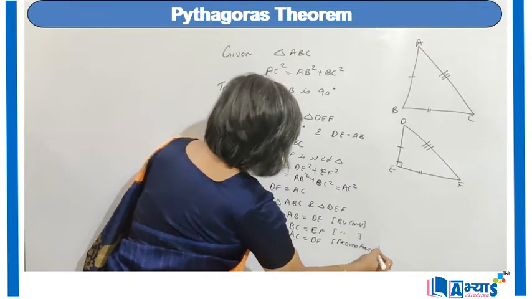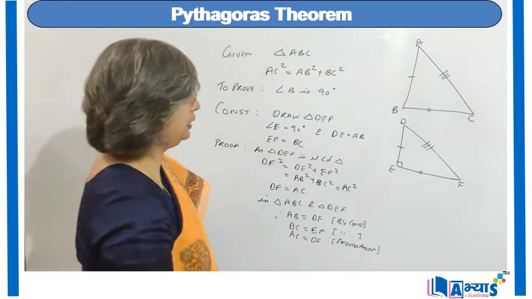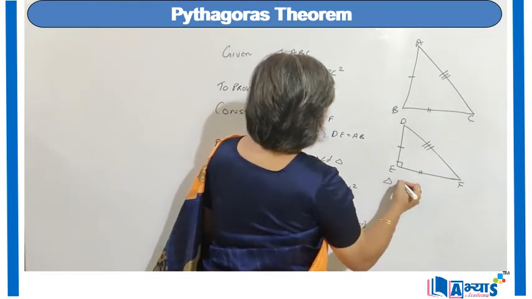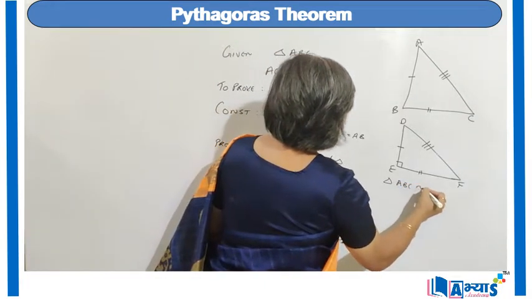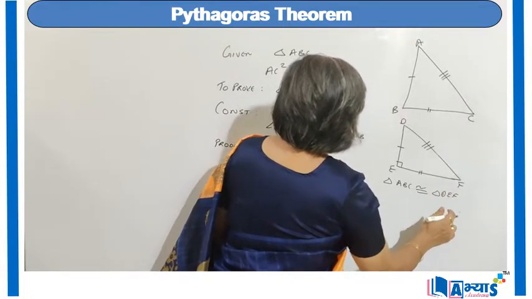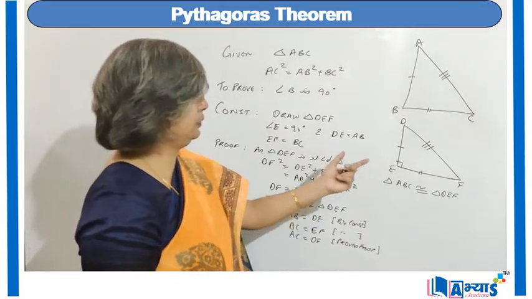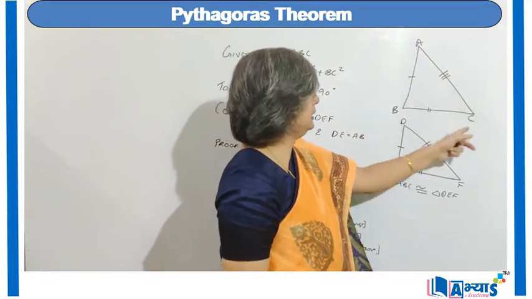So three sides of one triangle are correspondingly equal to the three sides of the other triangle. So we can say that triangle ABC is congruent to triangle DEF, because we know that AB is equal to DE, BC is equal to EF and AC is equal to DF.